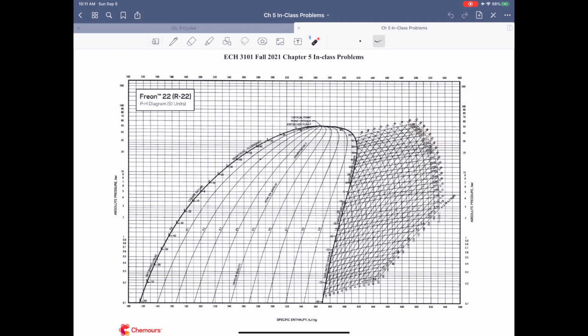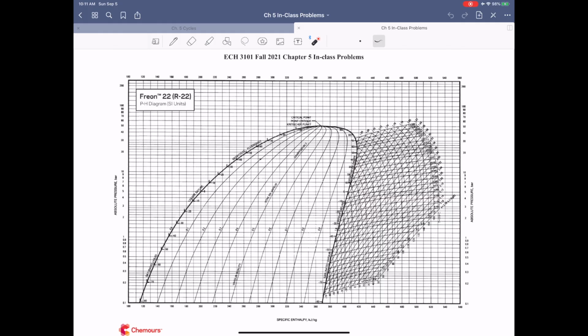It's a very busy plot, I admit. Essentially the y-axis is absolute pressure. The x-axis is the specific enthalpy of the refrigerant. In the middle, there are a lot of details, but the lines that go this way are the specific entropy of the refrigerant, and the lines that go this way are the specific volume of the refrigerant.